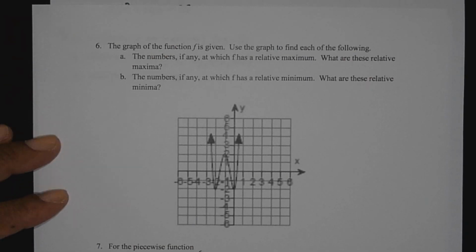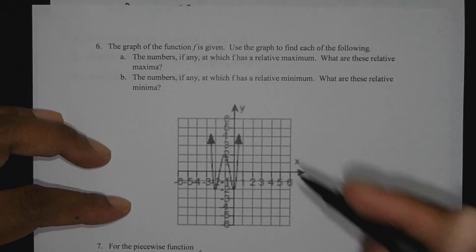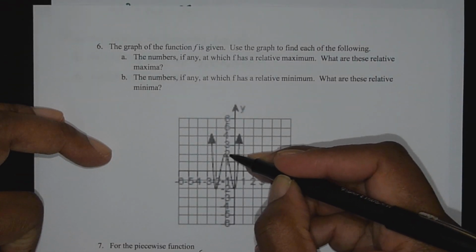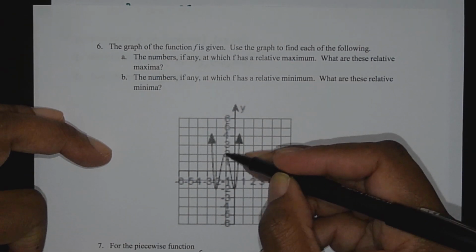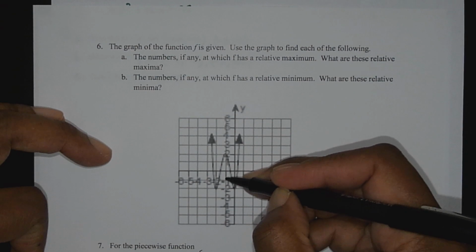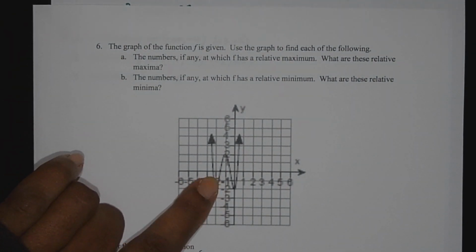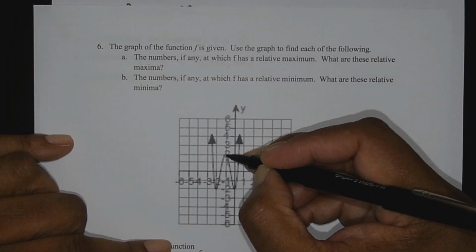Okay, so first of all, we have to find the x values where the relative maximum occurs. Look carefully. That's -1. I know that graph is not as clear as I want it to be, but you can see here's your relative maximum.